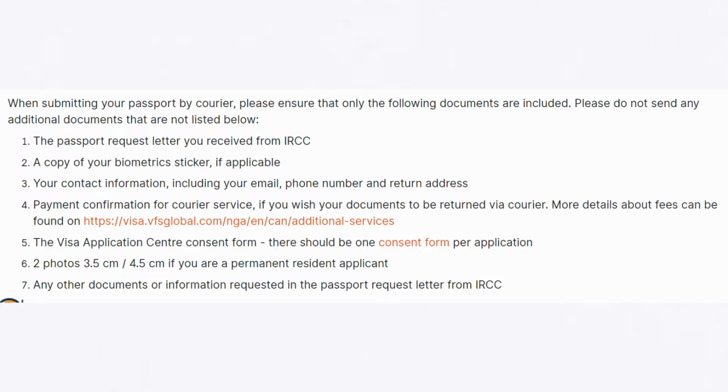Then you're going to make a photocopy of the biodata of your international passport. I think like 1 or 2 copies. Then you're going to need the consent form as well. This consent form is also to authorize the VFS to send your passport to the Canada visa office.